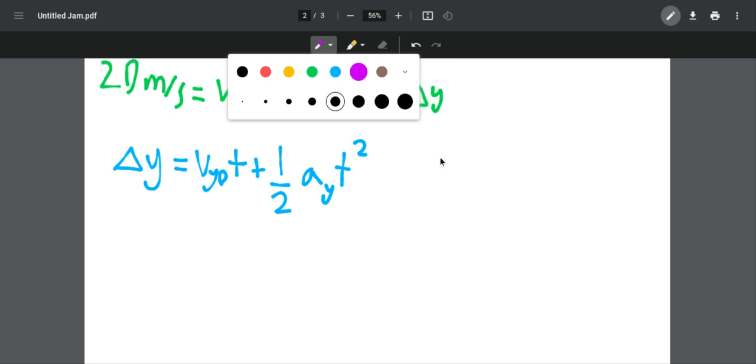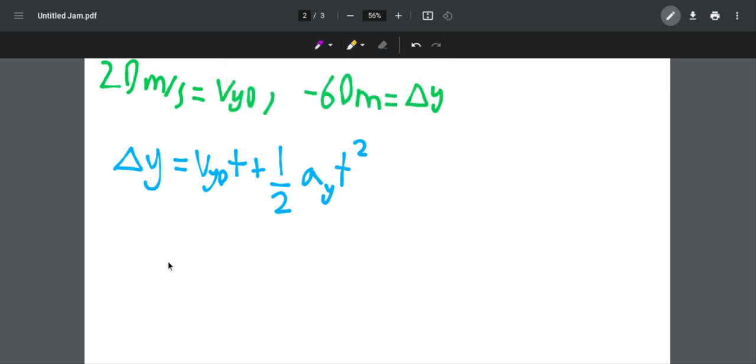When we plug in, we have delta y equal to negative 60 meters. So negative 60 is equal to the initial velocity, 20, times t, plus 1/2 times the acceleration times t squared.